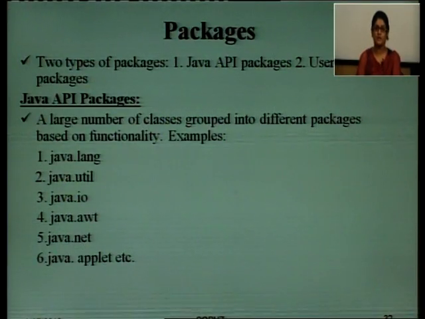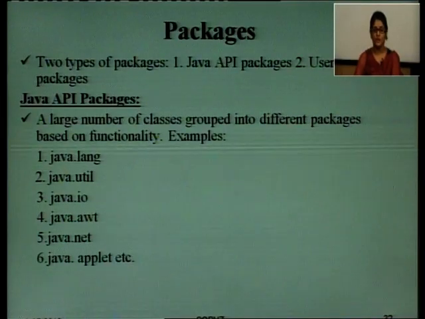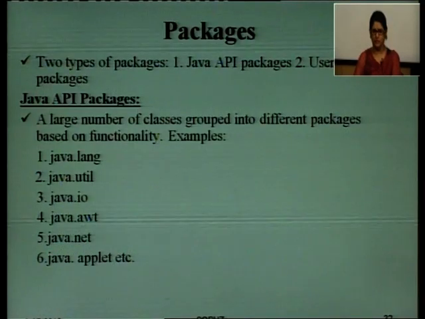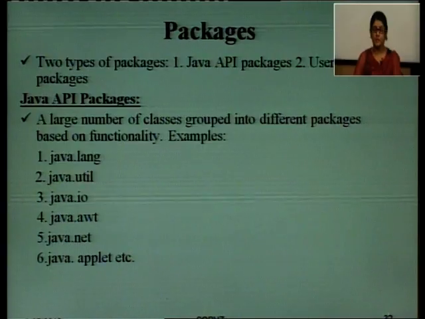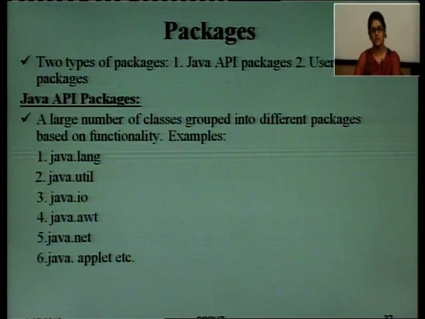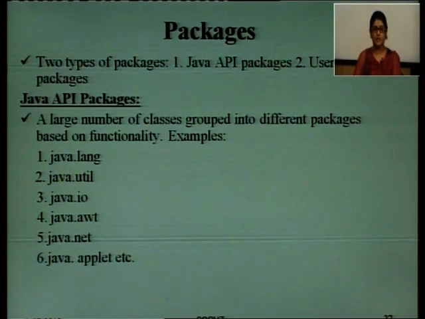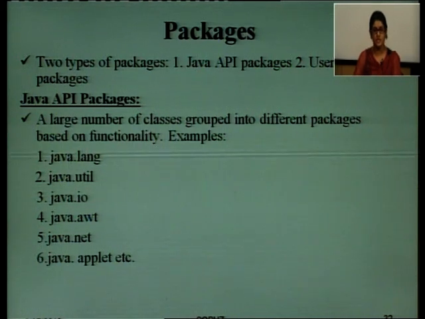As you all know, you cannot change the size of arrays, but the util package will provide some functionality by which, using its classes, you will be able to change the size of your arrays. Those arrays will be known as vectors. So, the utility package consists of the classes and methods which are known as vectors and hash tables.